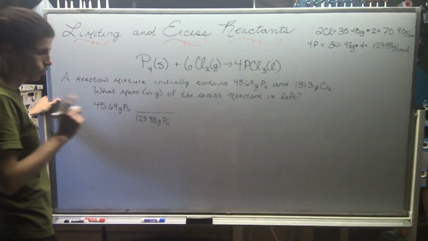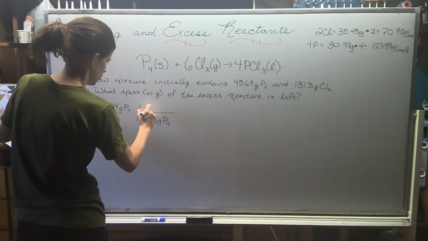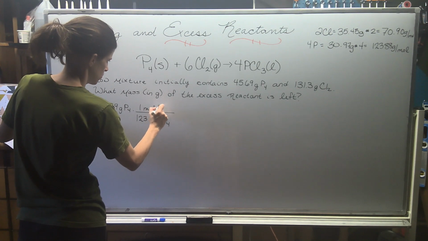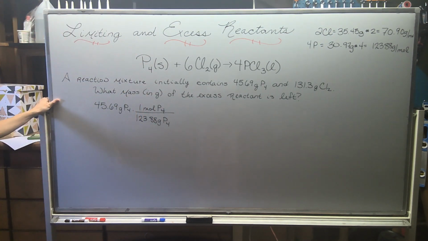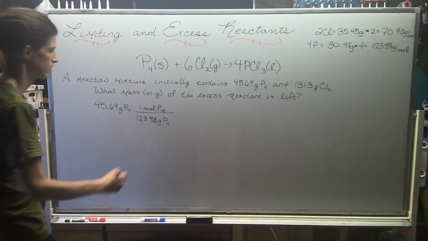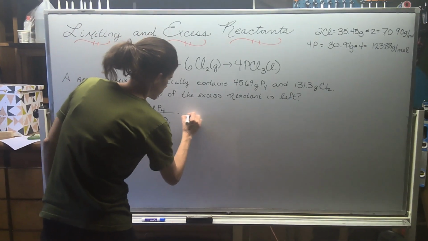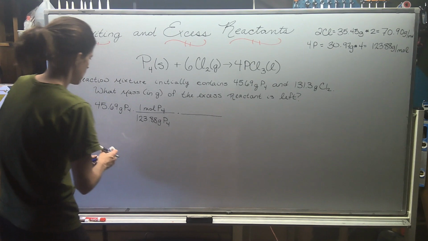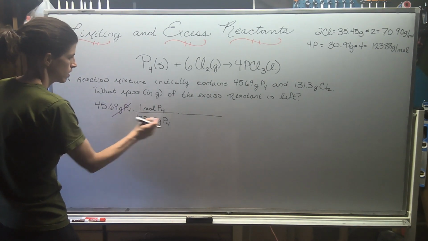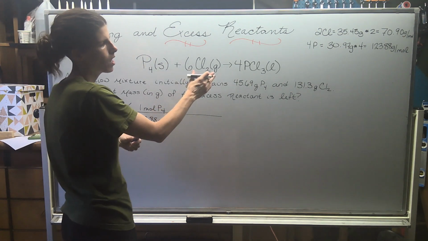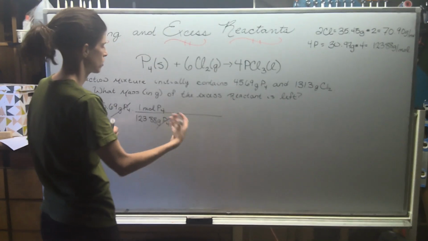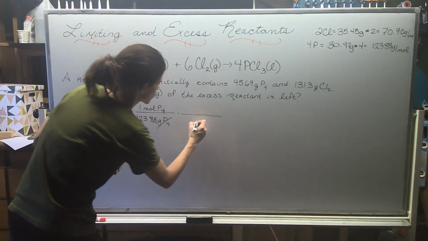Remember, your molar mass always has 1 mole. I don't need to worry about the coefficients of the balanced equation when I use molar mass. At this point, I want to get rid of moles of P4, and there's only one product, the phosphorus trichloride. So I'm going to be turning it into phosphorus trichloride.